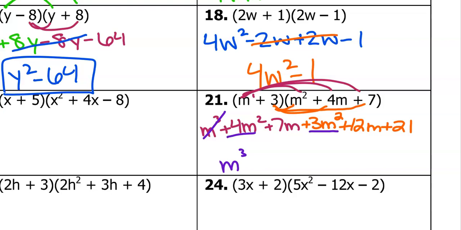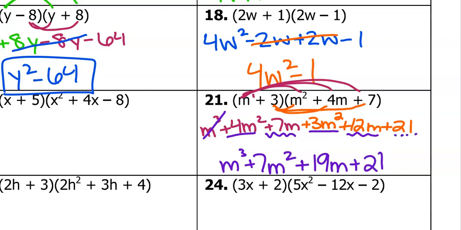So what does that give us? 7m squared. Good. What should come next in standard form? Just an m. So I have 7m and 12m. What does that give me? 19m. And then my constant, right, is what that's called. The constant of 21 just goes on the end.